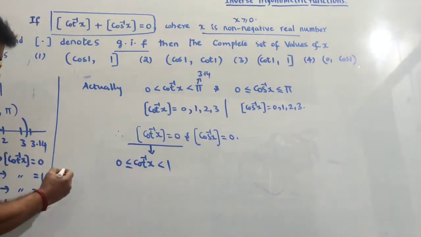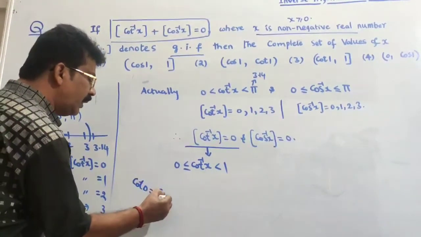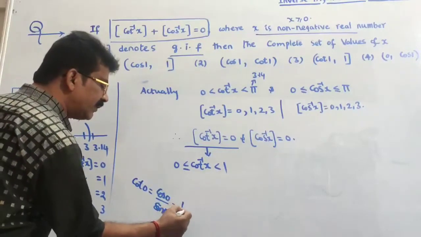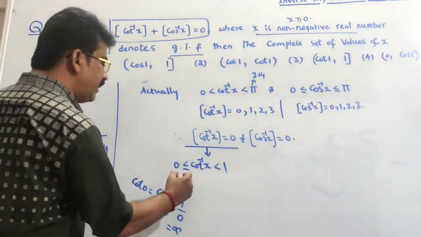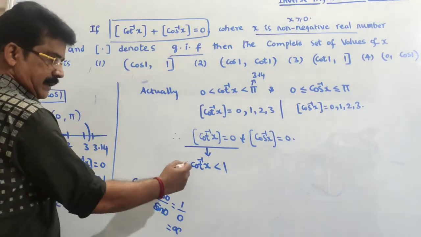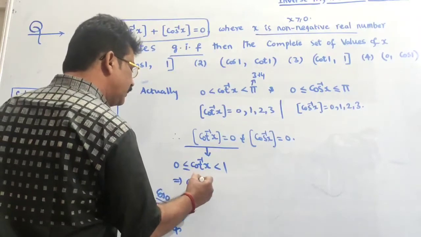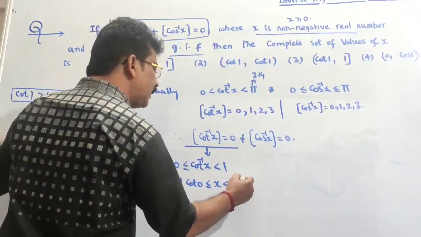Okay, one minute. Rough work. Cot 0 is what? Cos 0 divided by sin 0. Cos 0 is 1, sin 0 is 0. That is equal to infinity. So that implies cot 0 less than or equal to x less than cot 1.